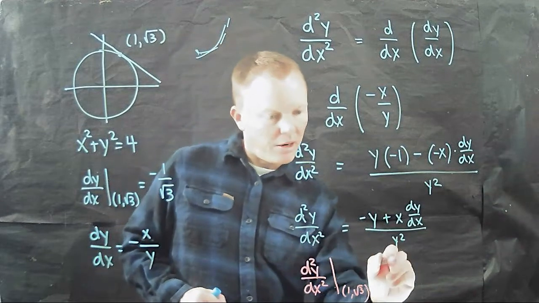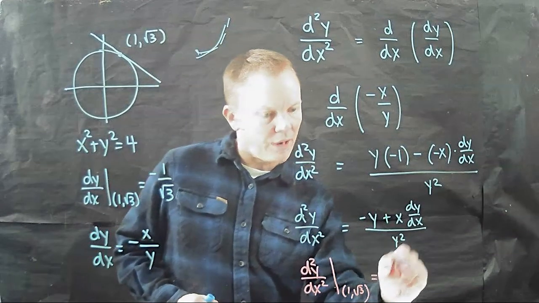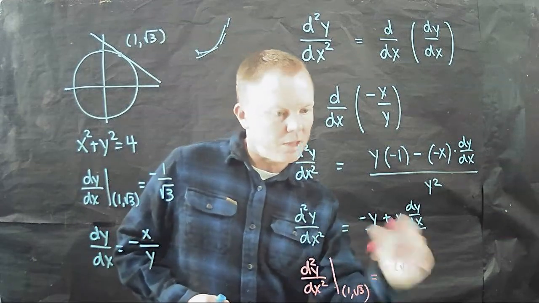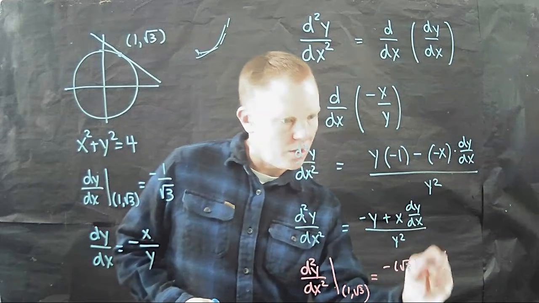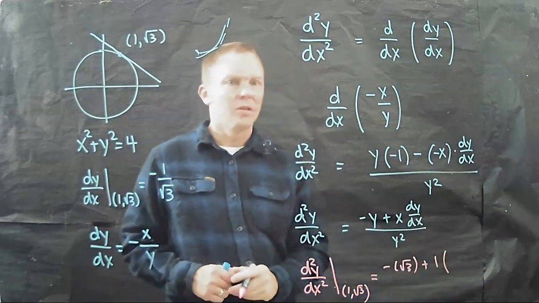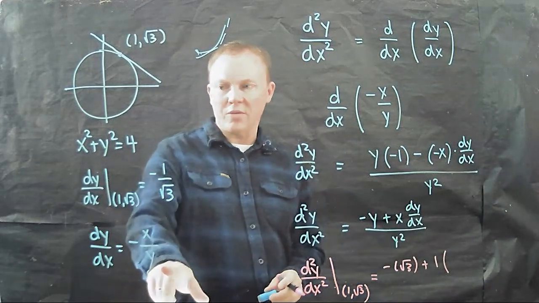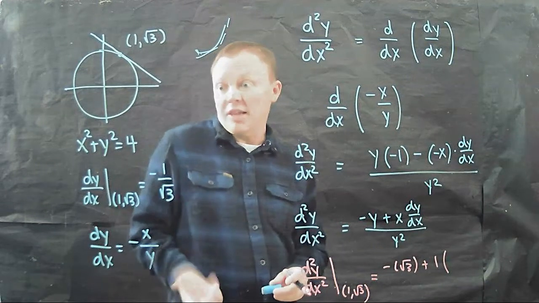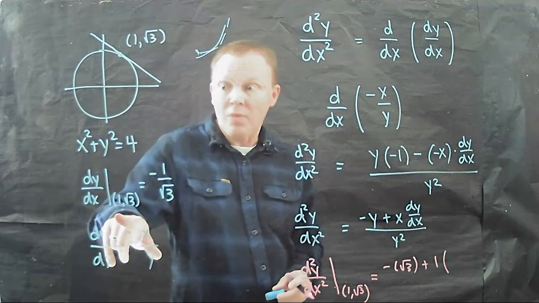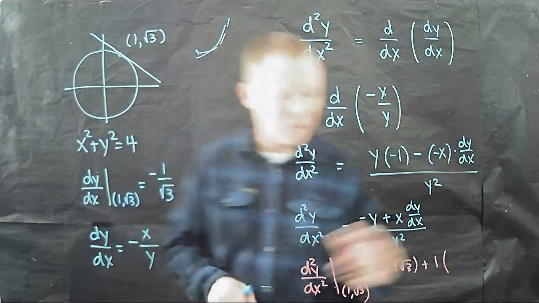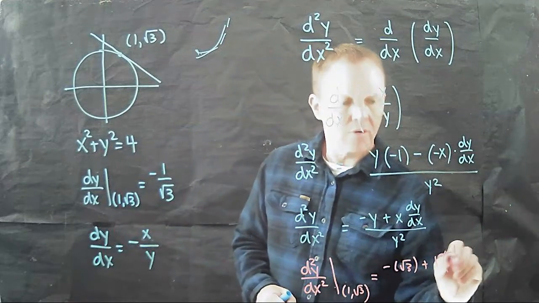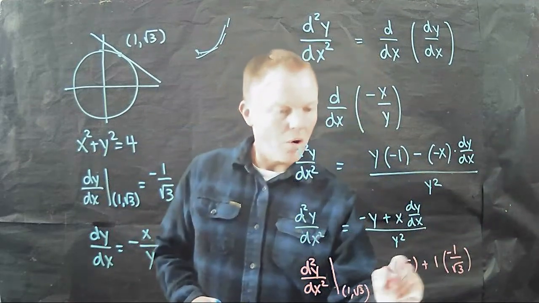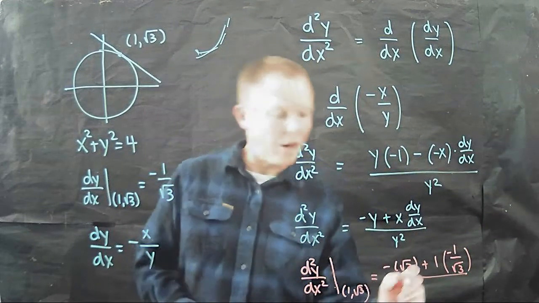So we're going to plug in these values. We're going to plug in negative radical 3, negative y, plus x, which is 1, times dy dx. Now, I could plug in negative x over y, or I could just plug in the value of dy dx at the point 1 radical 3, which I know is negative 1 over radical 3, all over low squared.